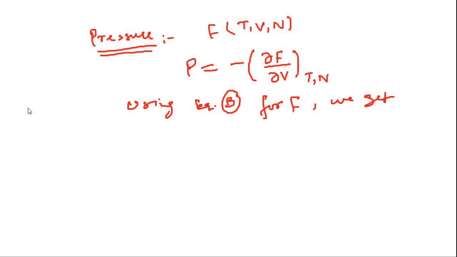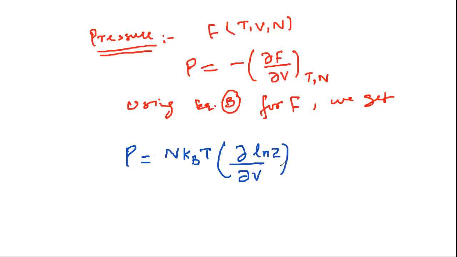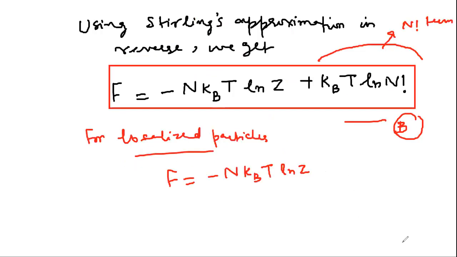let me write it in different color. We get P is N kB T times dou by dou V of ln Z at constant T and N. What we have done, we have simply used this equation B. So as you see, the second term doesn't contain volume, so its derivative will be 0.